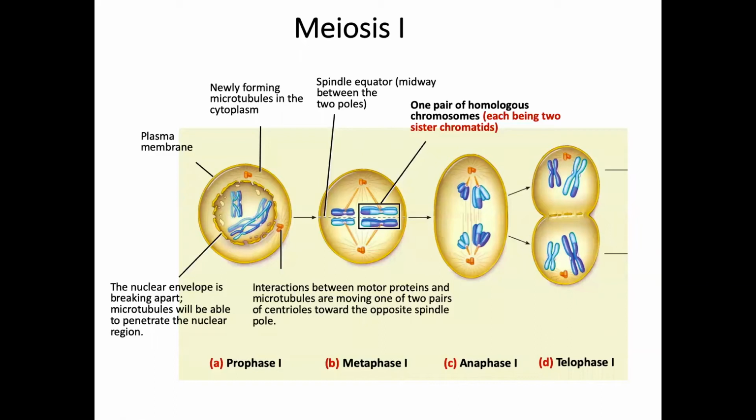Another important point is the bold words shown here, showing that the homologous chromosomes pair with each other in meiosis 1. So what is the purpose of pairing? Yes, crossover can happen to generate new combinations, which are responsible for genetic variations in offspring.